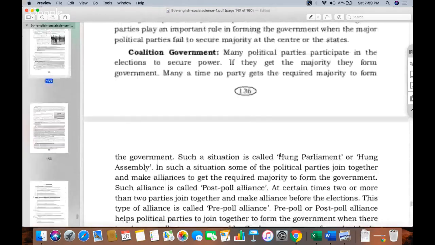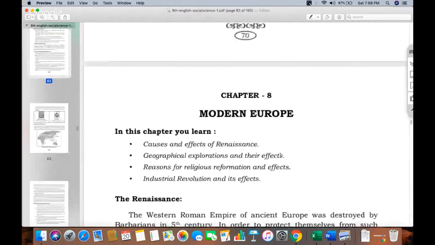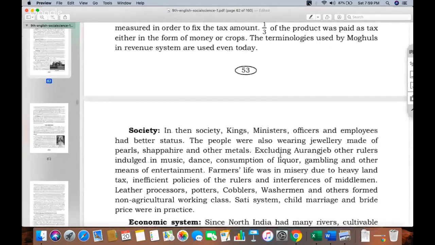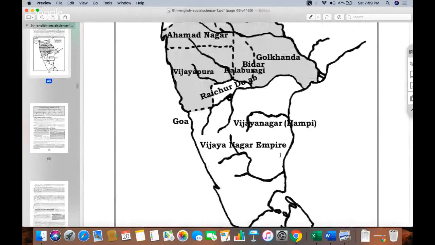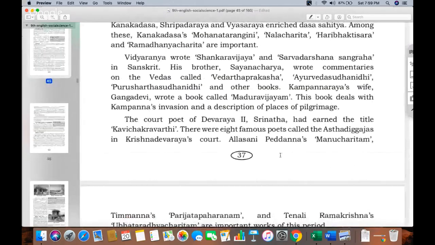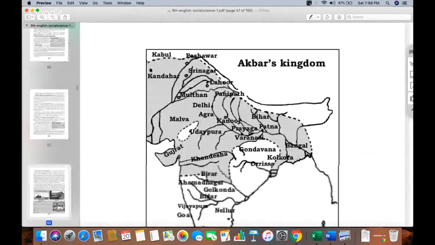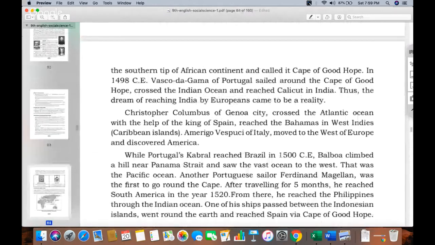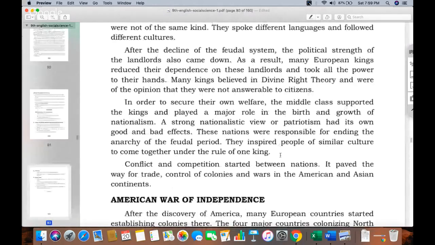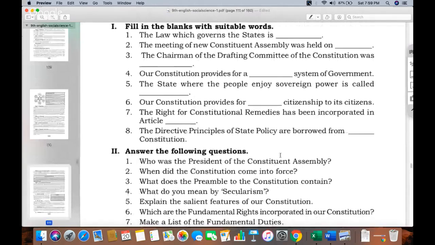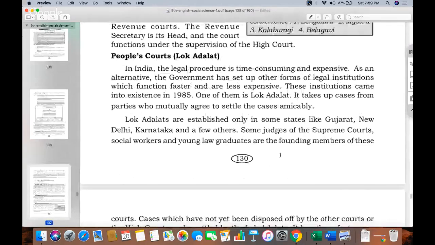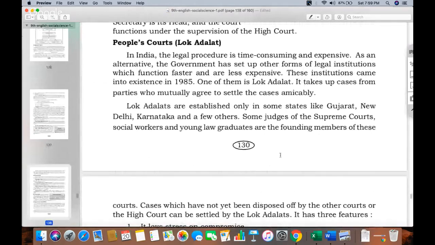Okay, so in the next 2 classes I'll try to finish all these things. So chapter number 3 now you have to read, and let's meet next week. Okay, chalo. Thank you so much.